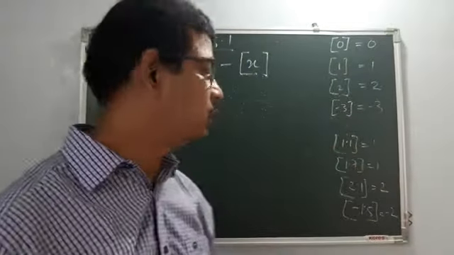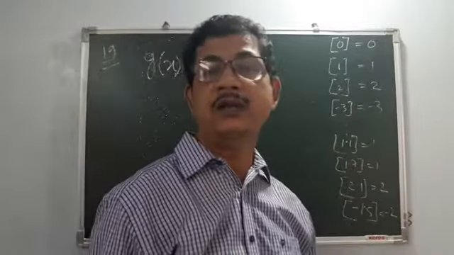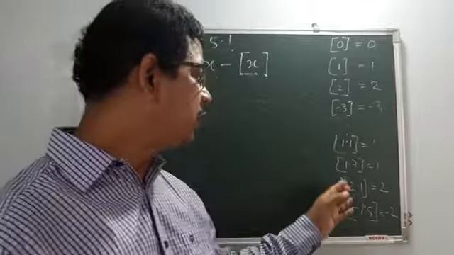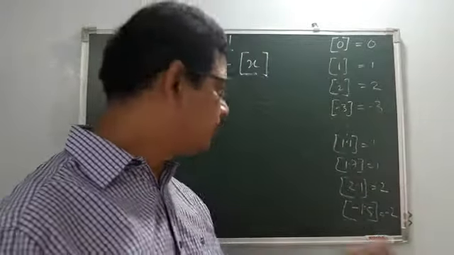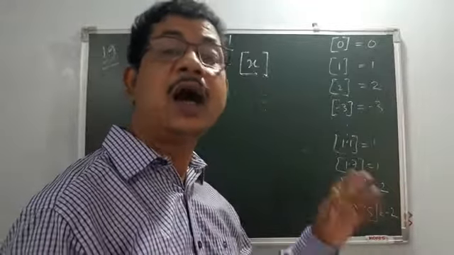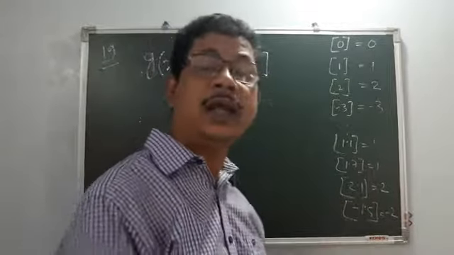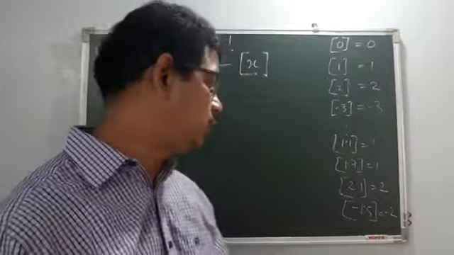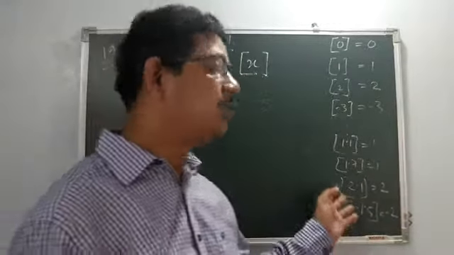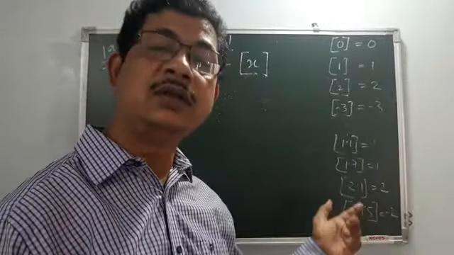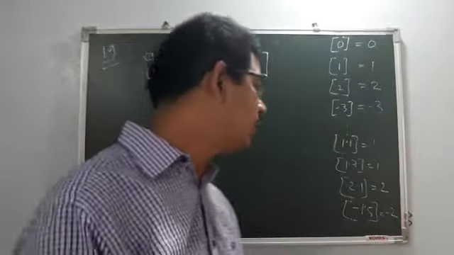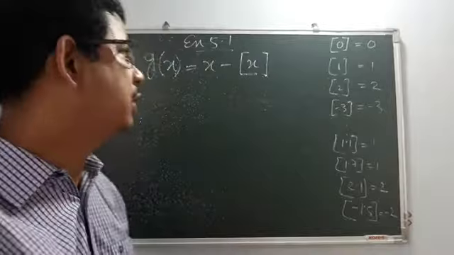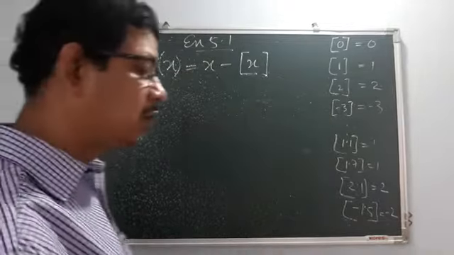We write 1. For 1.7, before it we get 1. So we take the preceding integer. For 2.1, the integer just before it is 2, so we write 2. For 3.7 we write 3. For minus 1.5, the number before it is minus 2.